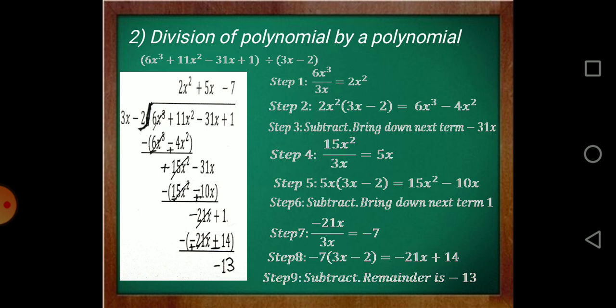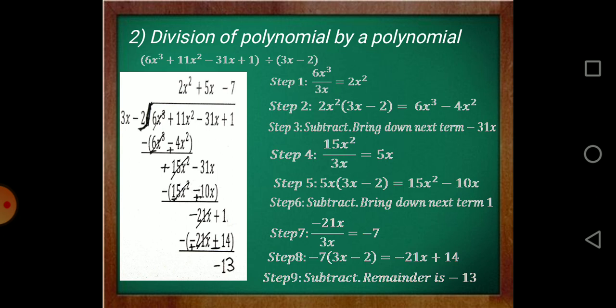Again the same procedure. Highest degree term of the dividend is divided by highest degree term of the divisor. Minus 21x divided by 3x is equal to minus 7. Then this minus 7 is multiplied by divisor 3x minus 2. We get minus 21x plus 14.